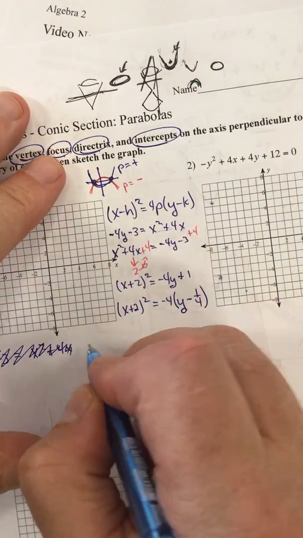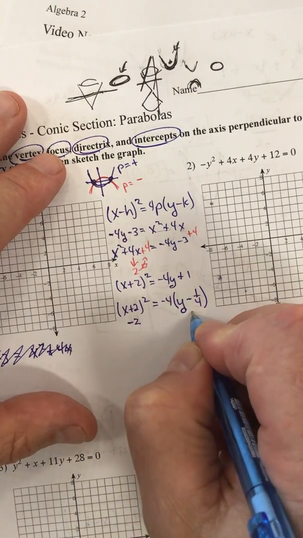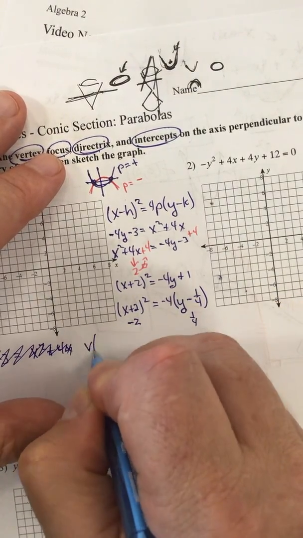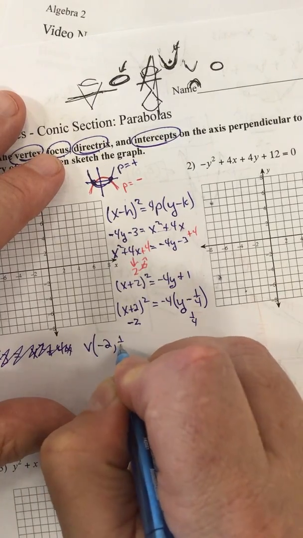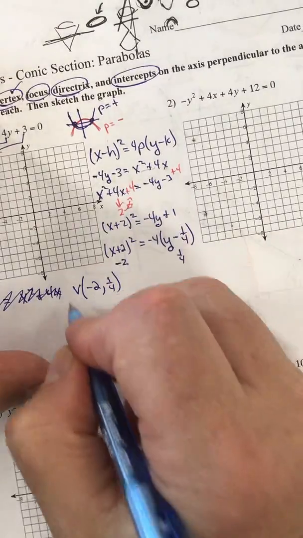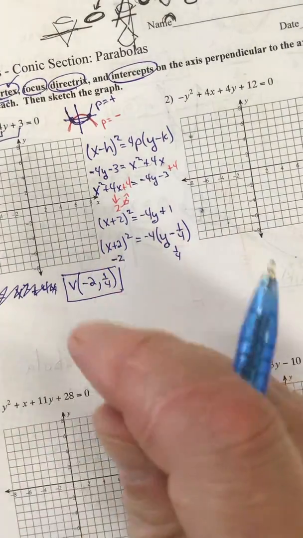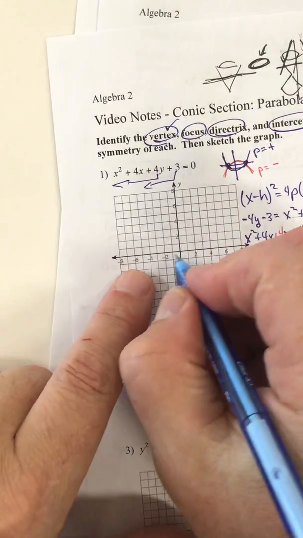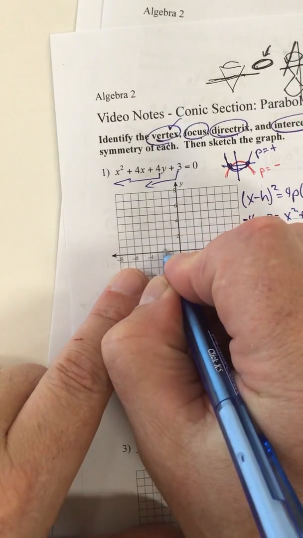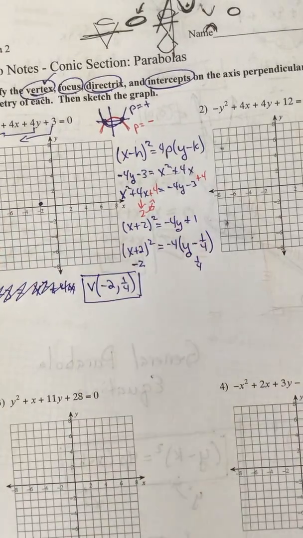Here's the vertex. Whatever makes this 0. So this is at negative 2, and this is at positive 1/4. So the vertex is at negative 2, 1/4. That's one of the things that they asked us to find. Check. There's the vertex. I could plot that now if I wanted to. Negative 2, up 1/4. It's right there.